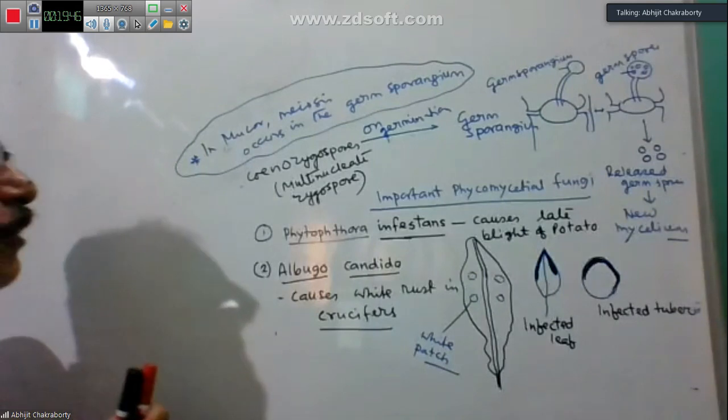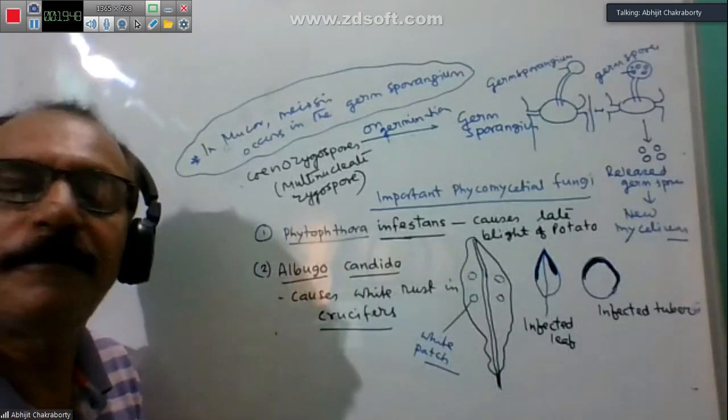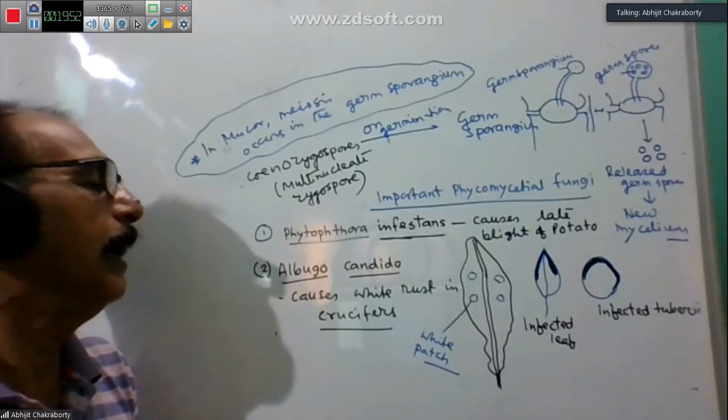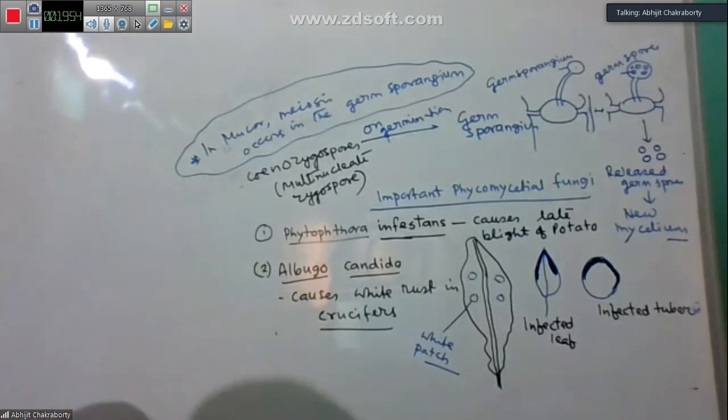This is called white rust in crucifers. And the organism is Albugo candida.